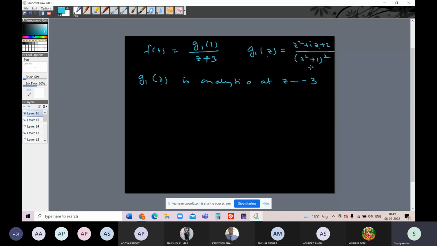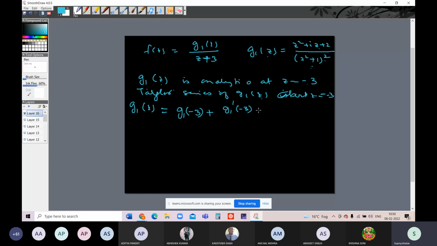So we can write the Taylor series of this g1(z) about z is equal to minus 3, which will be g1(-3) plus g1'(-3)(z plus 3) plus g1''(-3) upon factorial 2 into (z plus 3) square, and so on, higher powers of z plus 3.